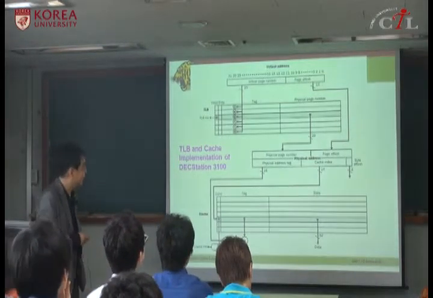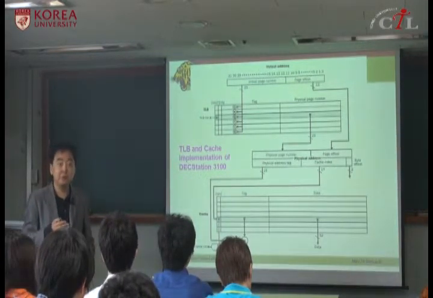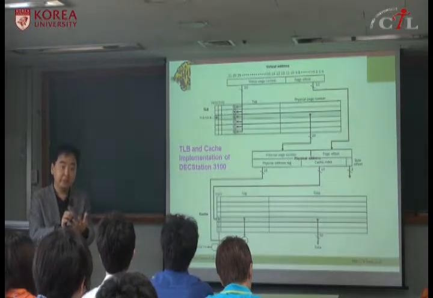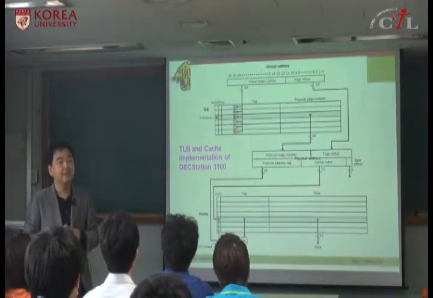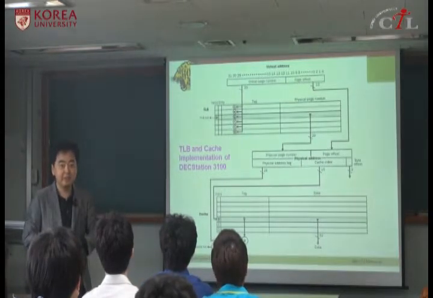Right, to access the cache, since you studied cache organization, you have to do an index decoding. You have to extract the index, but the index should be extracted from the physical address, right? So that means you need some translation.